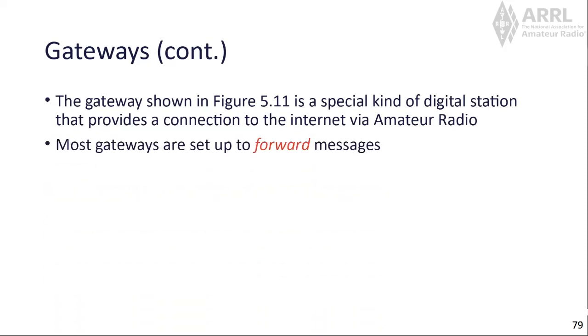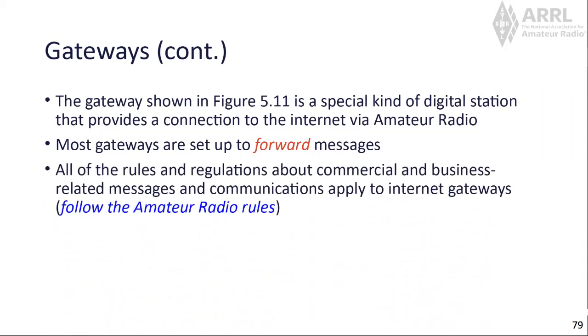Most gateways are set up to forward messages. All the rules and regulations about commercial and business-related messages and communications apply to internet gateways. Follow the amateur radio rules, and we'll do that in lesson 8.